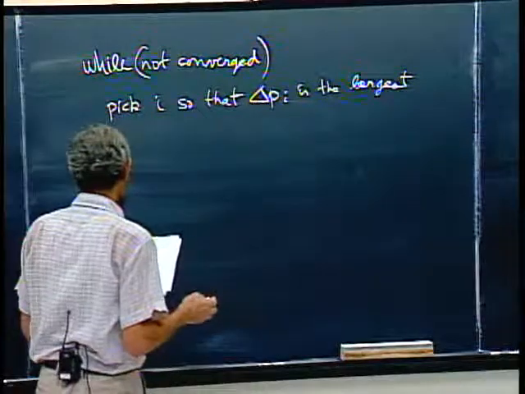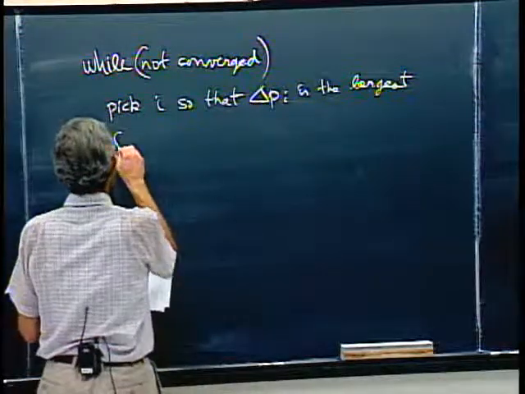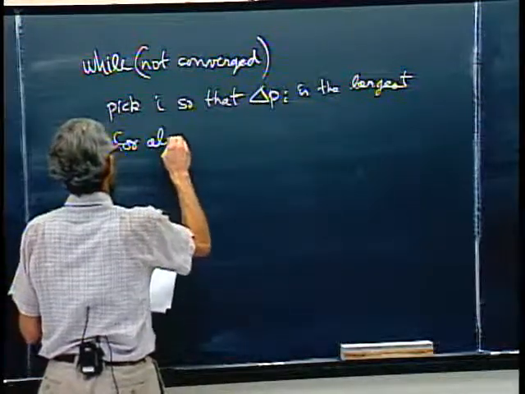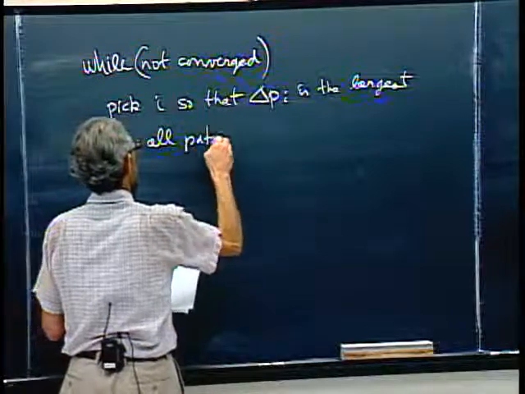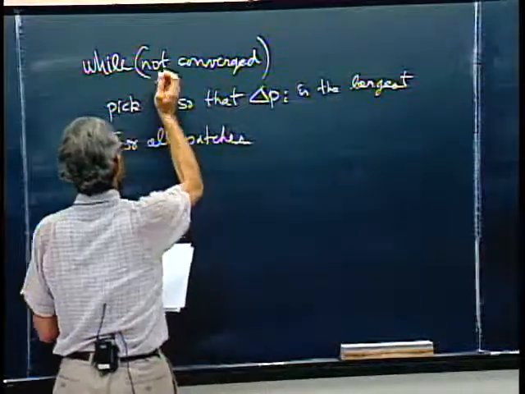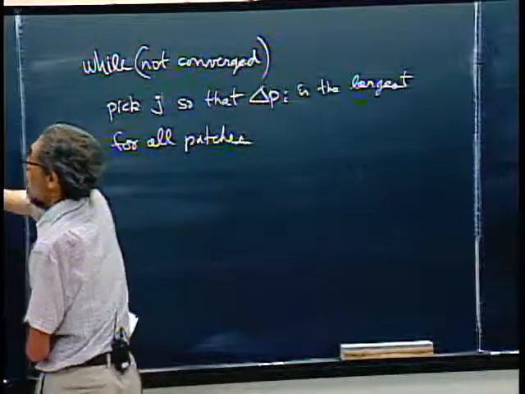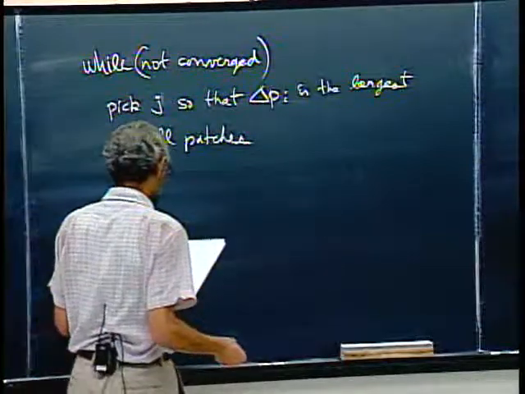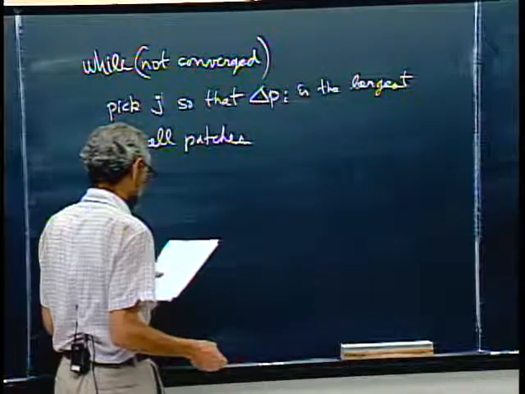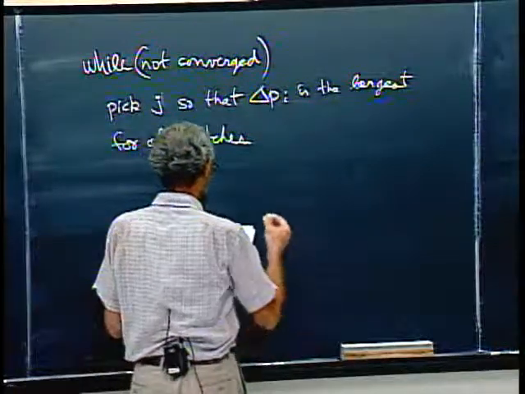And so you want to shoot that power. So for all patches, why don't I call this one J, because that corresponds to the patch that's shooting the power here. I wonder if that's going to make my notes look different. Probably it is, but let me try it.